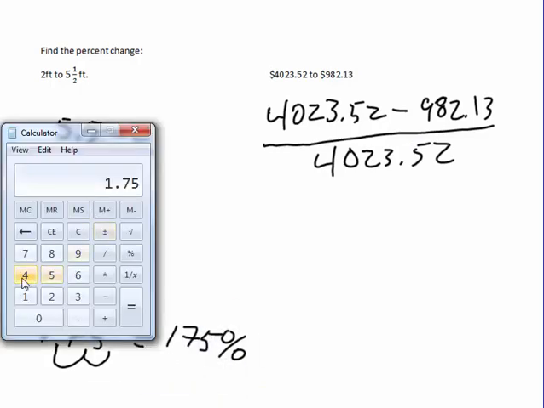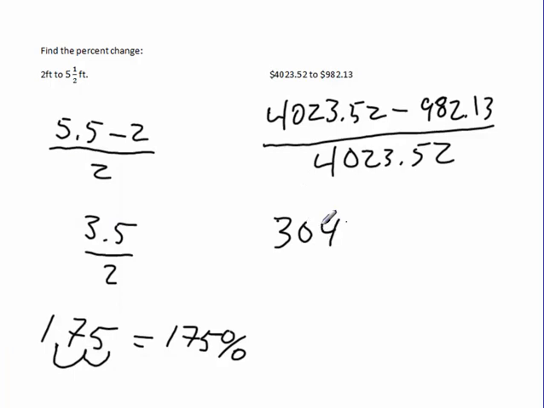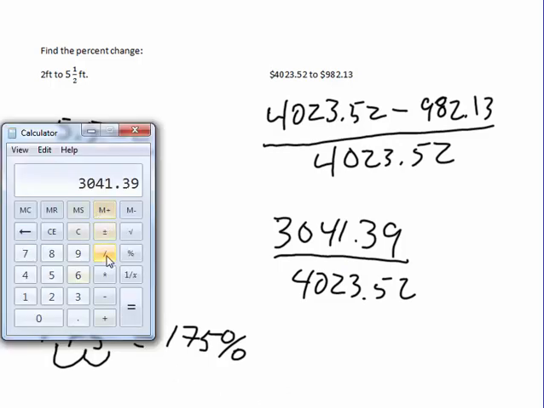Okay, so 4,023.52 minus 982.13 is 3,041.39. We have 3,041.39 over 4,023.52. That's a big one. Alright, so we divide that.